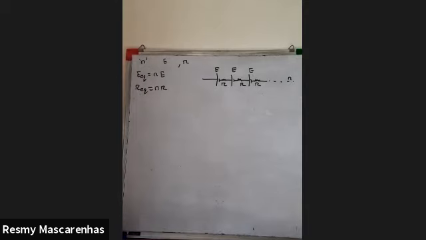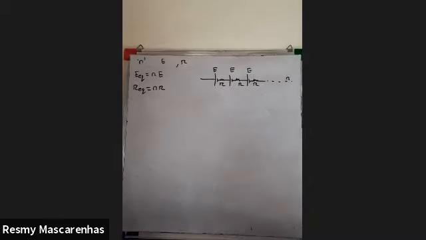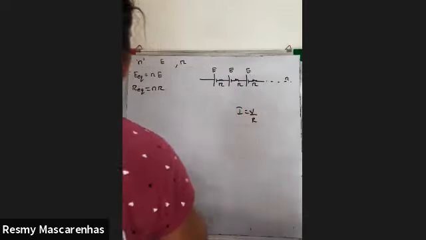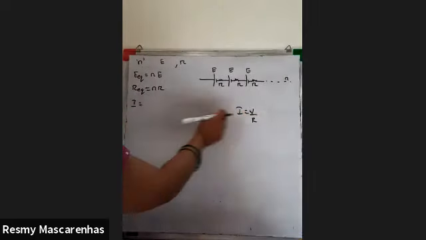Therefore, the current flowing through the load is, what is the formula for I? It is V by R. So what will be V here?